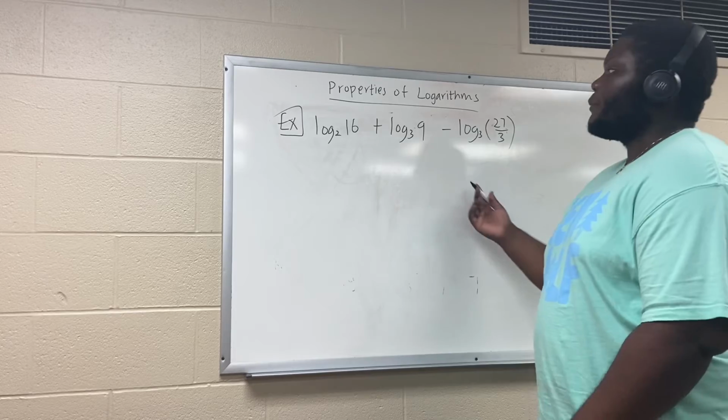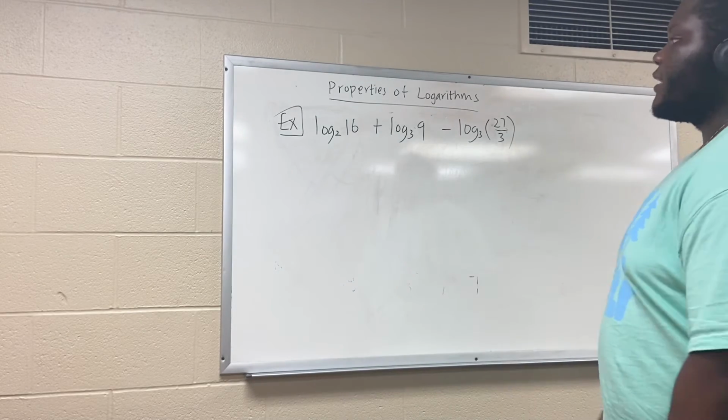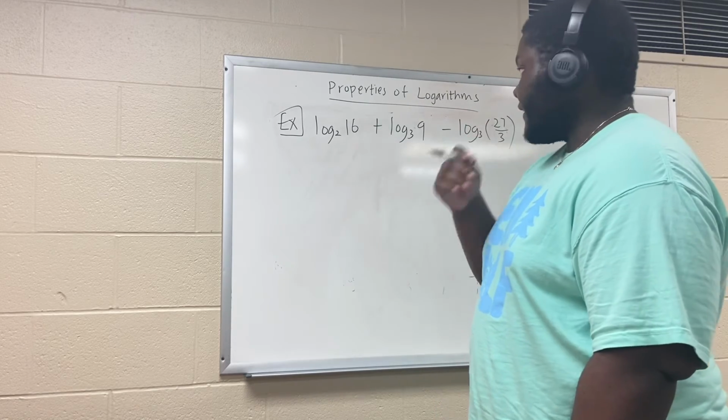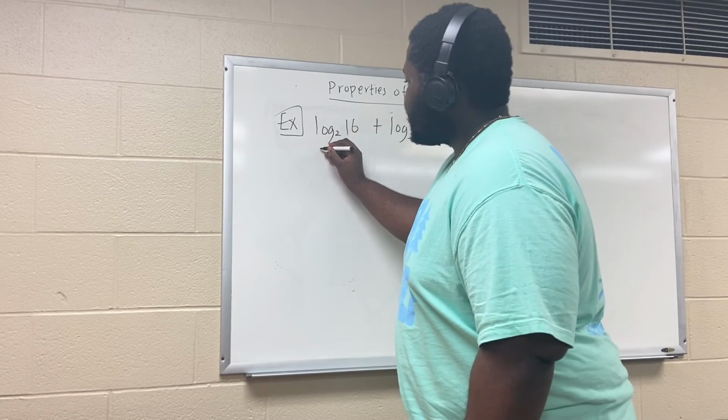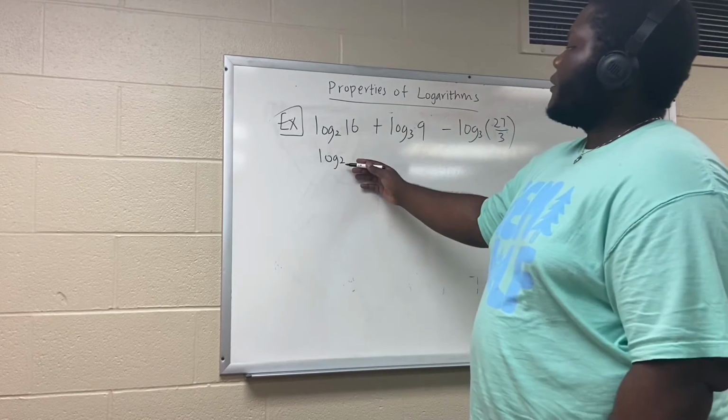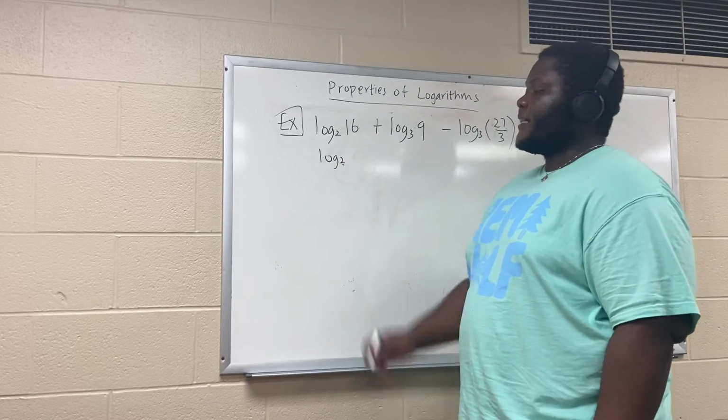Okay, so for an example like this, we'll just use the properties from before. So log base 2 of 16, you can simplify to log base 2 of 2 to the power 4. Try to get everything to the base, right?